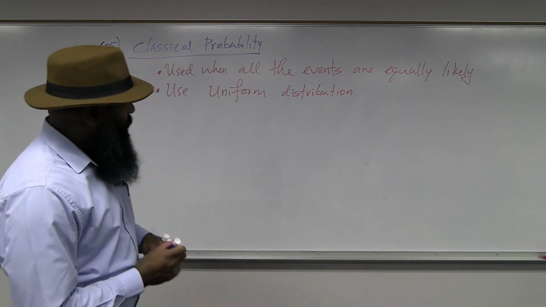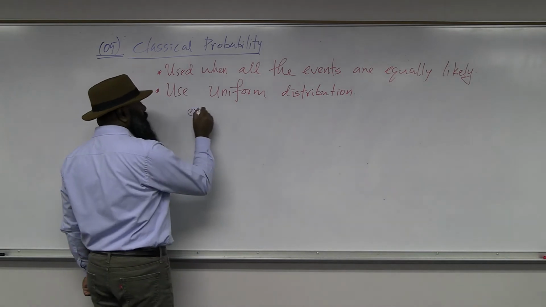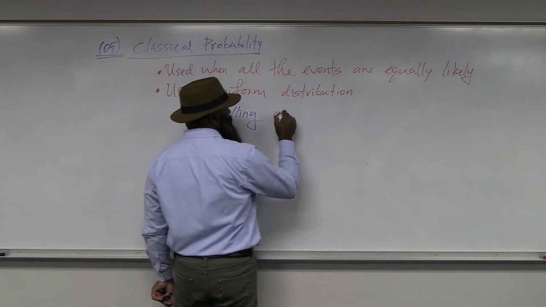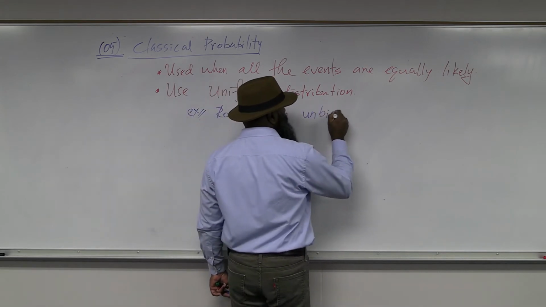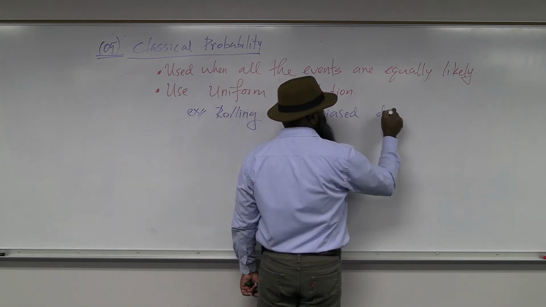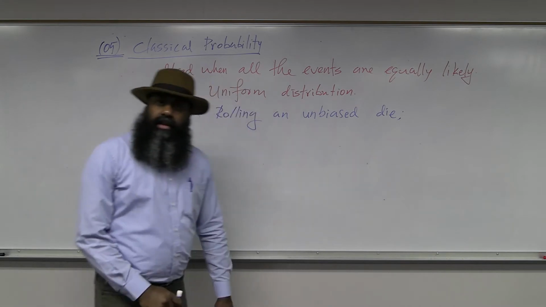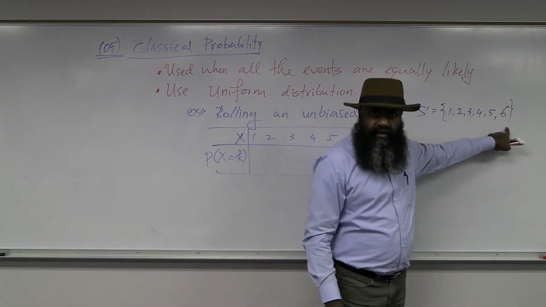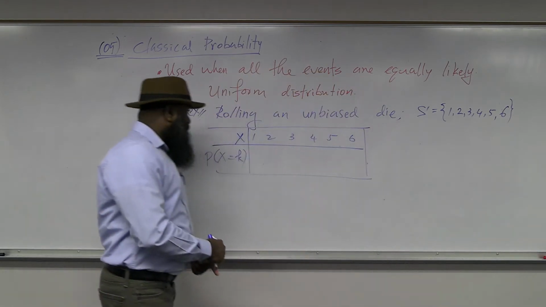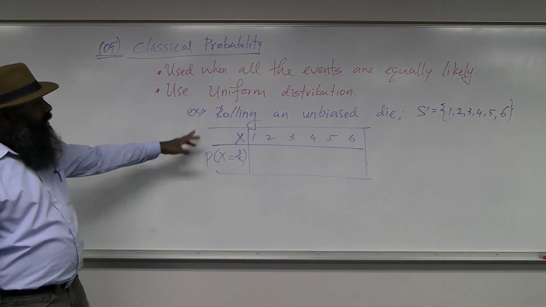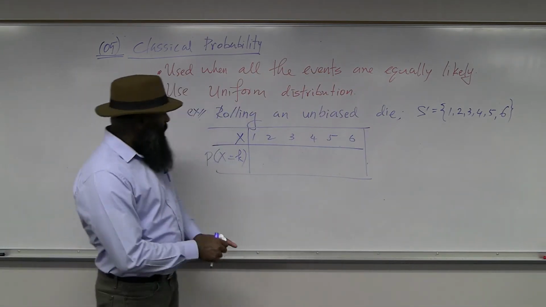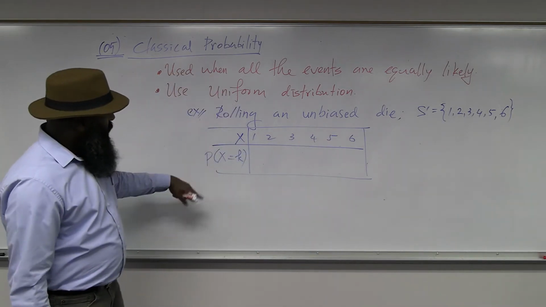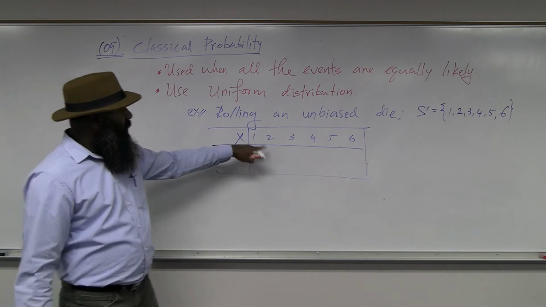Now, for example, think about rolling an unbiased die. The outcomes are equally likely. Sample space is 1, 2, 3, 4, 5, 6. I need a probability distribution. Let's say these are my x values, 1, 2, 3, 4, 5, 6, and in the next line I need to write down the probability that x is equal to each of these values.